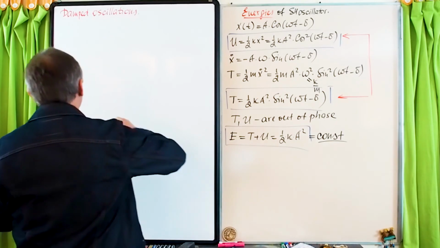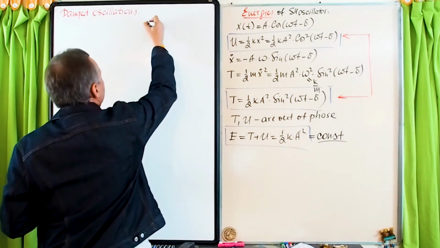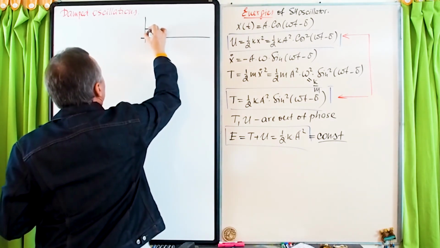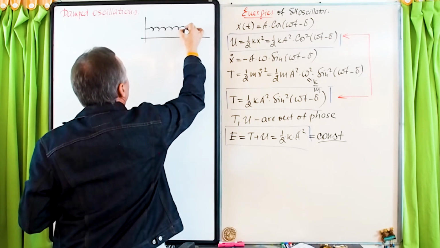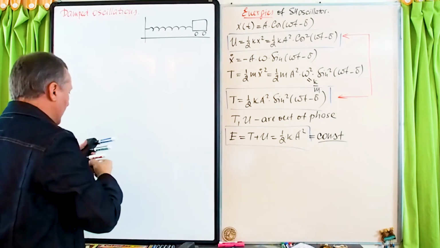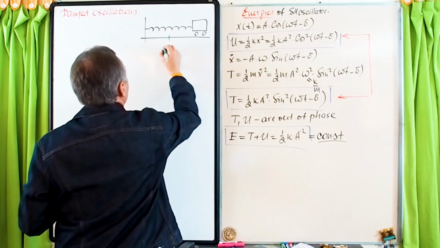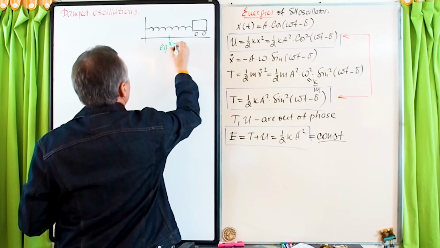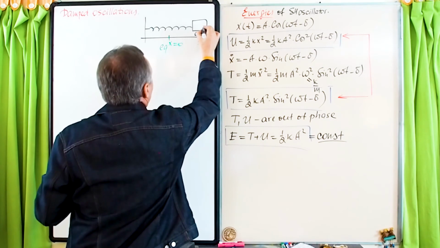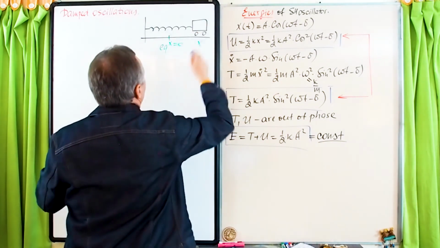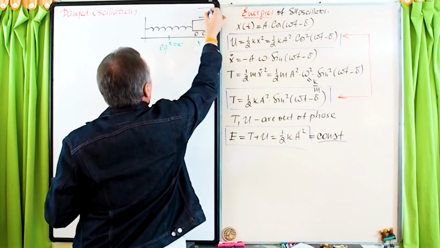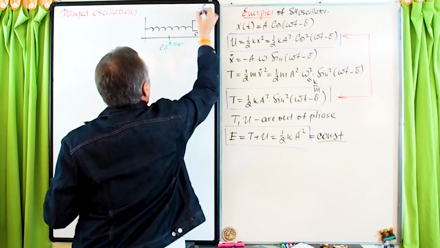So now, probably I will draw the picture first. So, an object, and here somewhere we have an equilibrium, x equals 0, this is x. And again velocity and acceleration: v, so x dot that way, and of course x double dot.